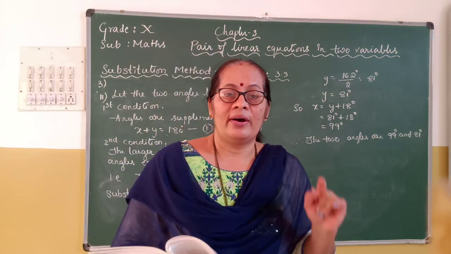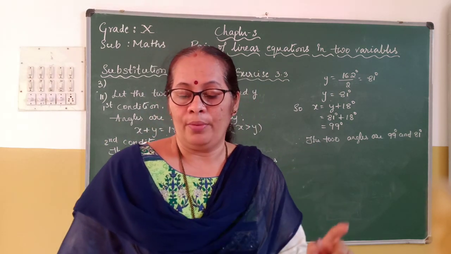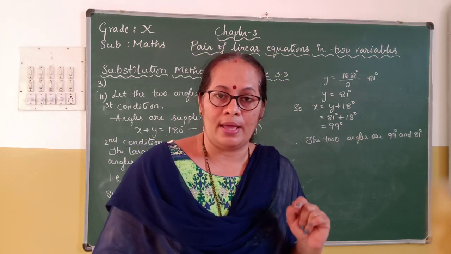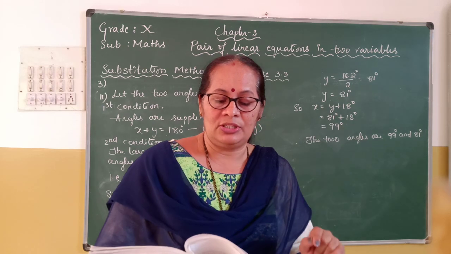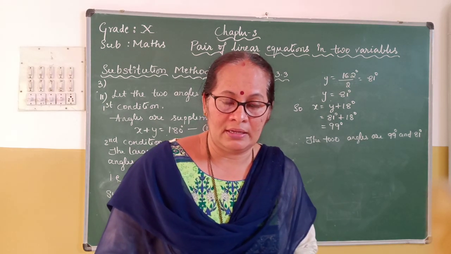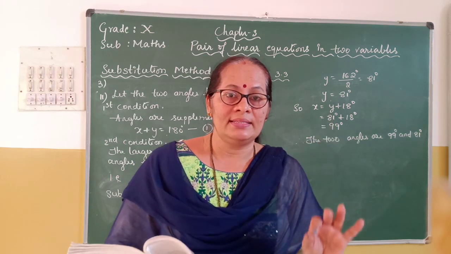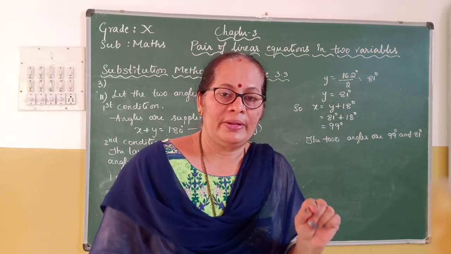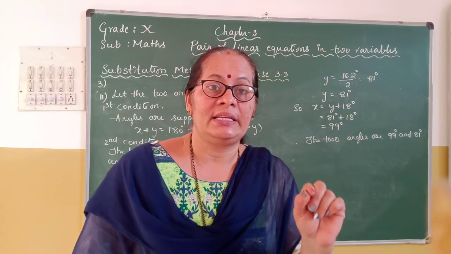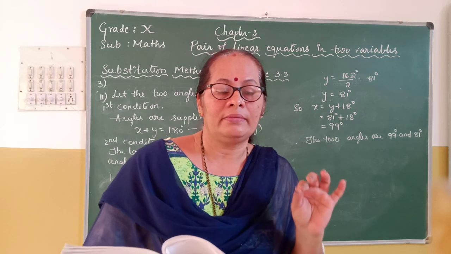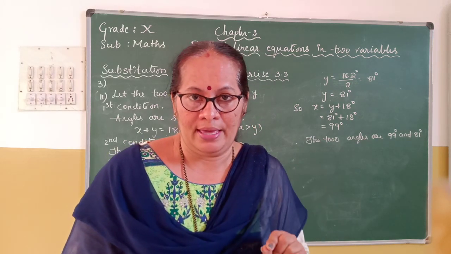Now, for a distance of 10 km, the charge paid is rupees 105. So the first condition: for a distance of 10 km, the fixed charge is x and the charge for the distance covered is 10y. So x plus 10y equals 105.